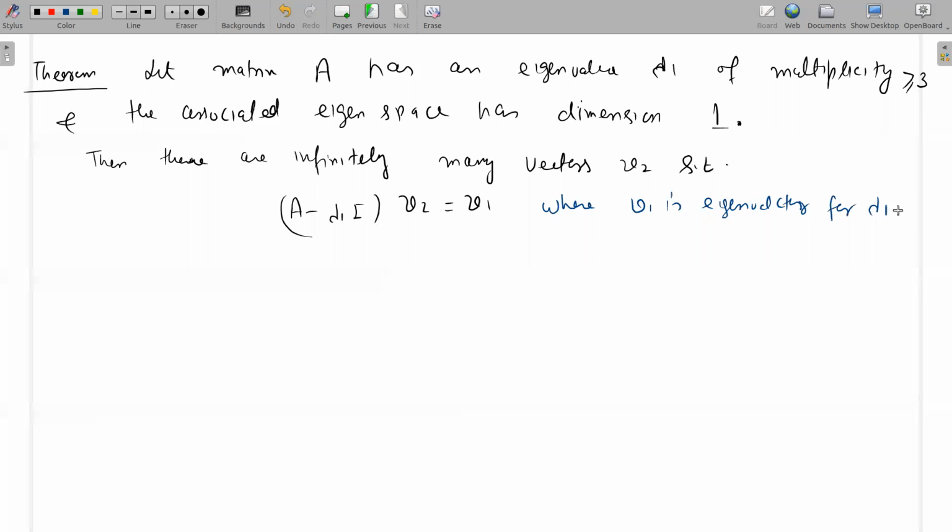Okay, so there are infinitely many vectors v2. v2 को फिक्स कर देते हैं, infinitely में से एक पिक कर लेंगे, ठीक है.